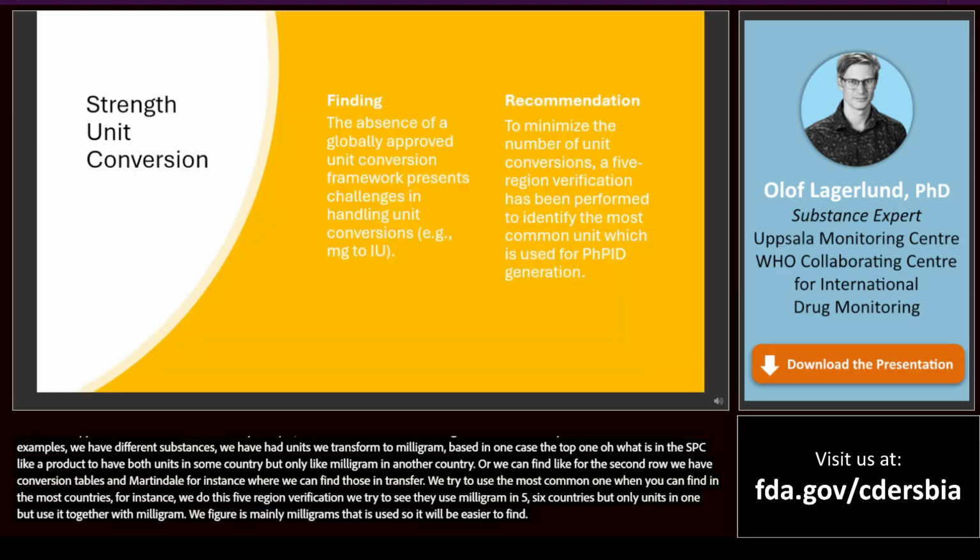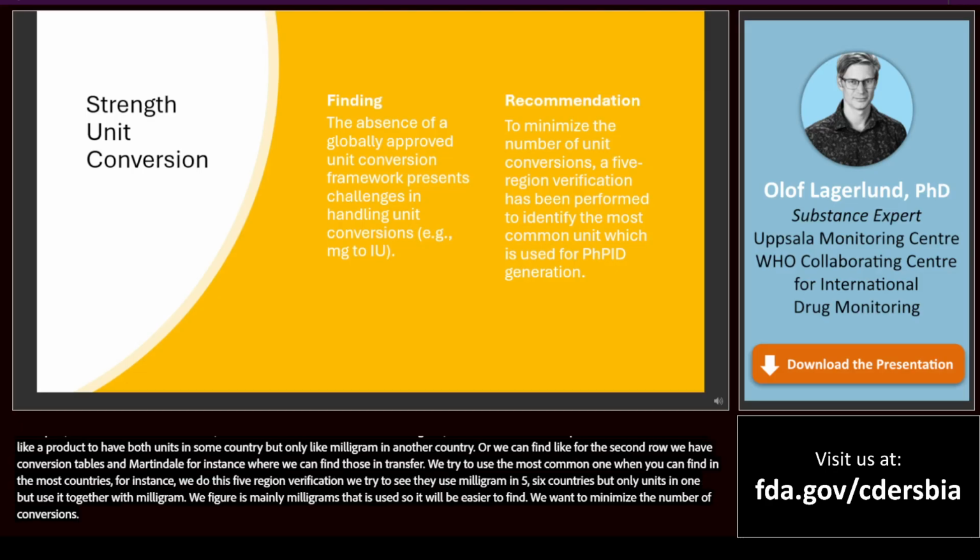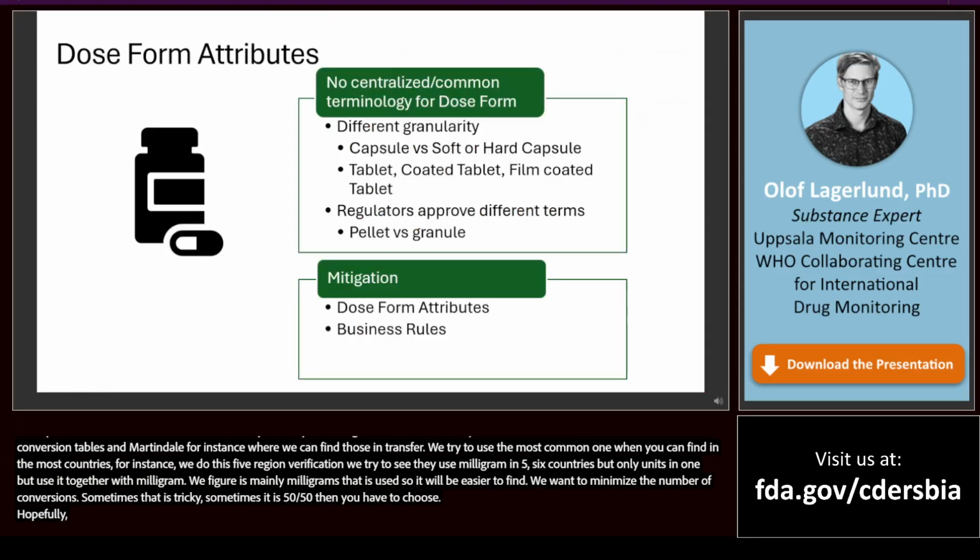So that's what it says here to the right. We want to minimize the number of conversions. But sometimes that's tricky, sometimes it's 50-50, and then you have to choose, of course. But hopefully we can make it global.